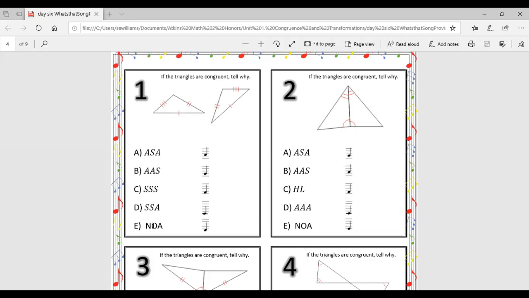Ignore the music notes. If we were at Adkins, we would do something with those, but sadly we're not. Please use the multiple choice and submit both your answers at the same time. You're doing 1 and 2. Send me a chat again if you did not do that.